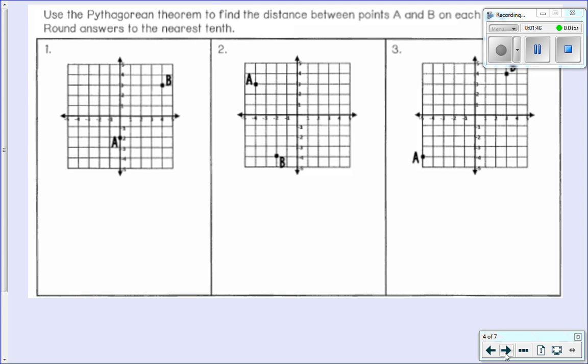In example number 1, we're going to use the Pythagorean theorem to find the distance between points A and B in each problem, and we will be rounding to the nearest tenth. So this is our diagonal distance, and we're just going to create a right triangle.